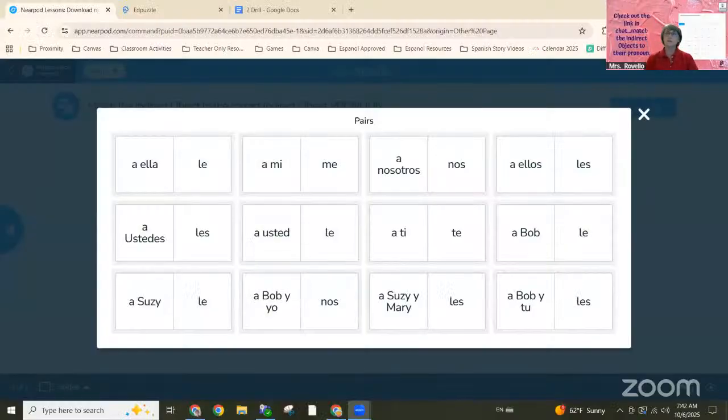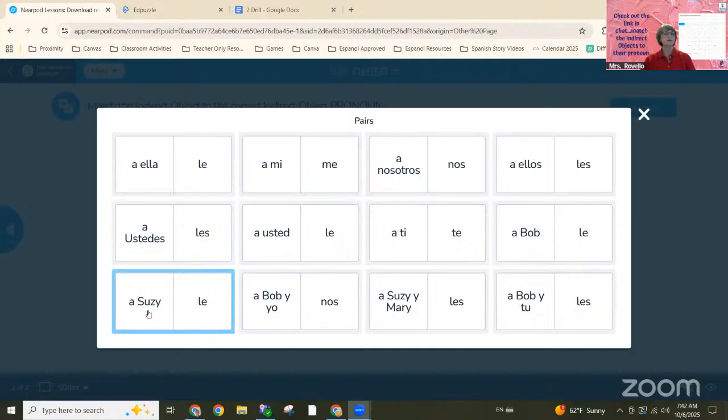We also have to remember, you guys, our verb gustar. A mí me gusta. A ti te gusta. A usted, él, and ella le gusta. So those are all indirect object pronouns. So we had a ella. To her would be le, because it's me, te, and le. Nos and les. And then a ustedes, because it's plural, you would match it with les.